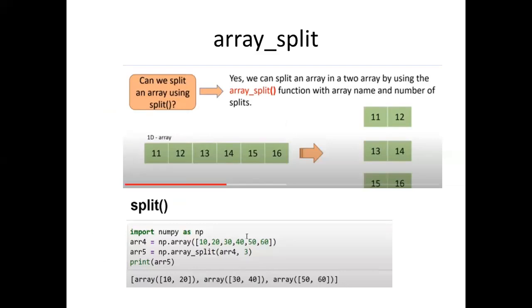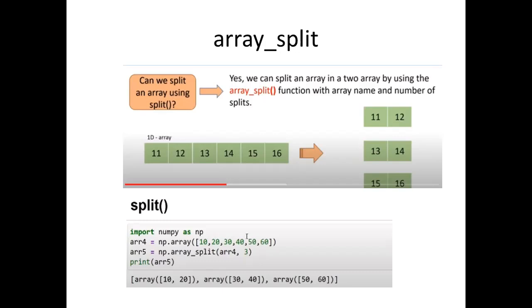So first create the array with the 6 elements, then use the array_split function. Then specify how many arrays you want to split into. Suppose I want to split into 3 arrays, then you have to specify the number.